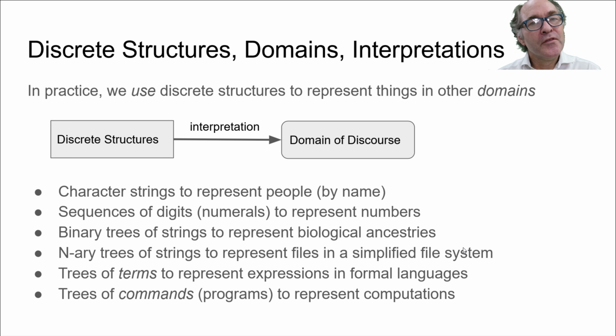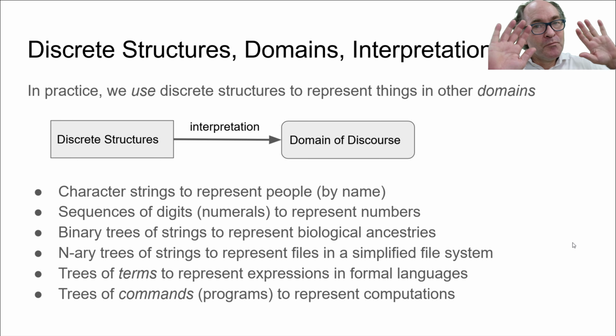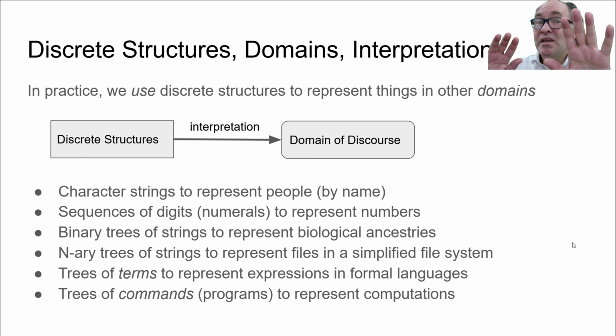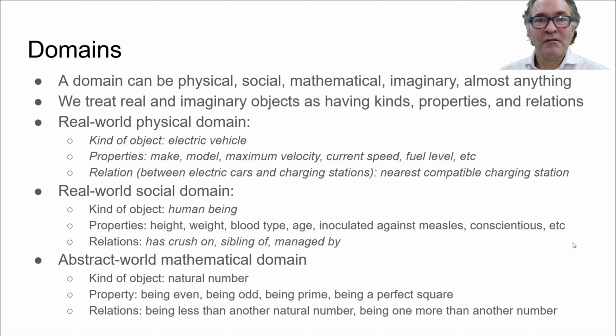Okay, so the takeaway message from this slide is that you really now need to begin to think in terms of symbolic domains and domains of discourse, where the symbols in the symbolic domain are interpreted as meaning something in a domain of discourse. And of course, domains of discourse can be widely varied, I mean, infinitely variable.